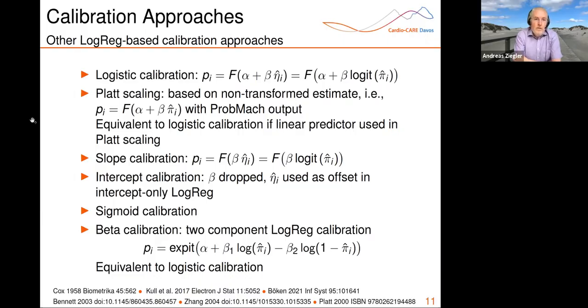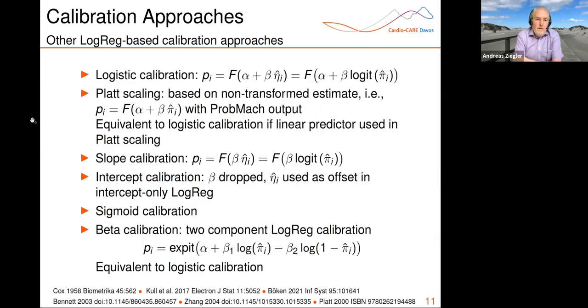When you start with logistic calibration, you can derive some other special cases. Slope calibration has been proposed by Cox as well. There you just ignore the alpha from the first line. Intercept calibration, there you drop the beta. So the eta I hat is just used as an offset in an intercept-only logistic regression. And these are the two very simple variations of this.